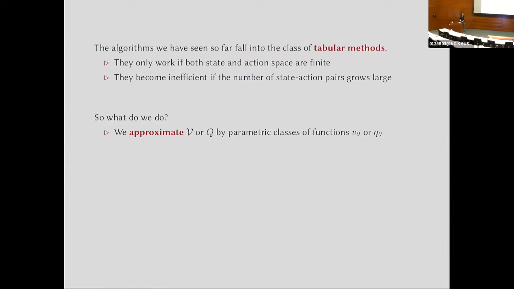What kind of approximating functions can you use? Either linear or nonlinear in the parameter. So linear regression: choose linear combinations of polynomials, radial basis functions, Fourier series, Fourier basis, whatever you like.